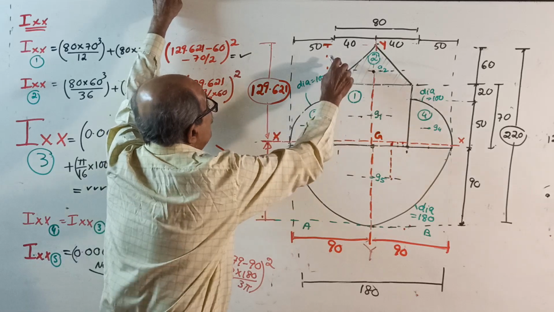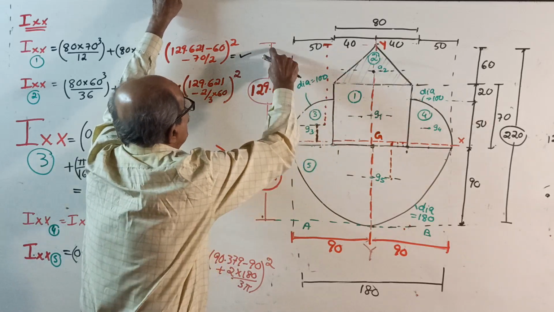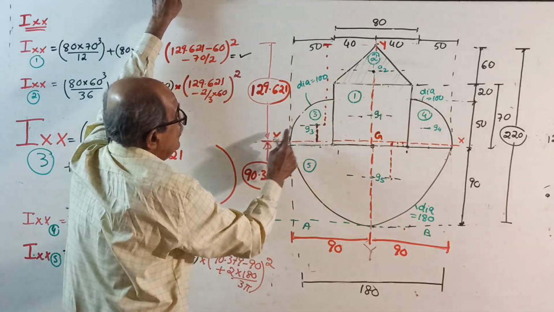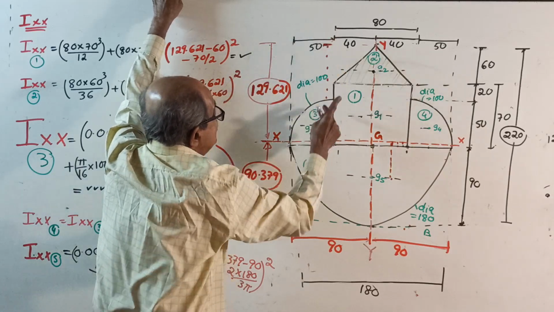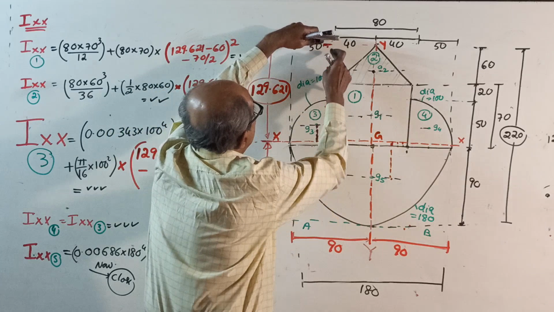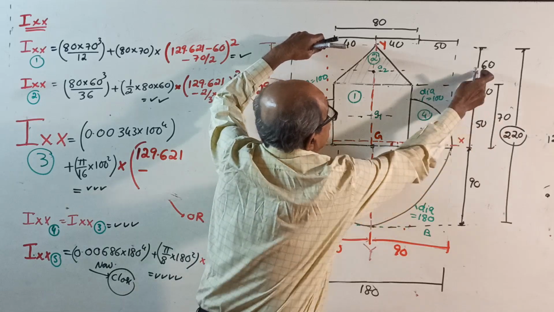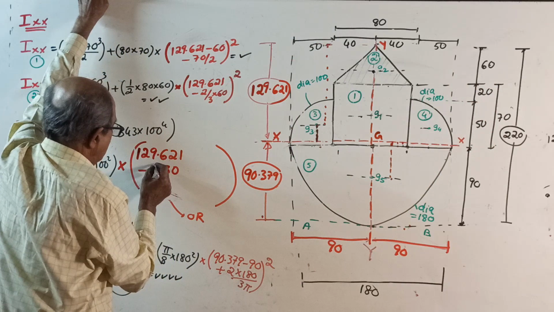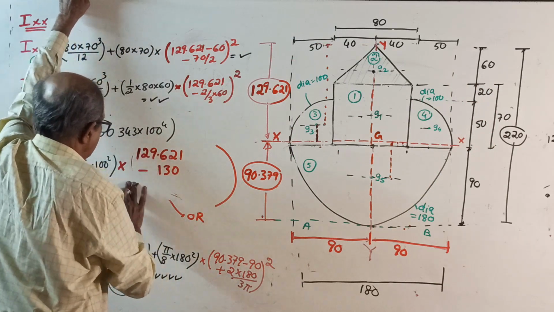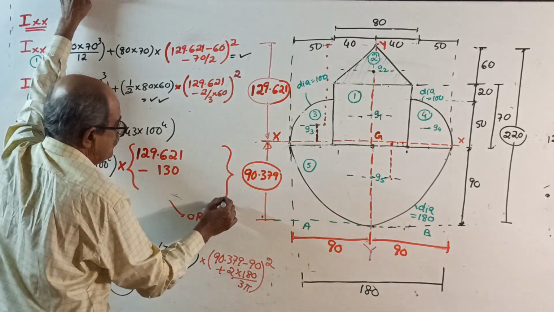This distance, we want this distance square is 129.621 subtract this distance. This distance is, see, from here to extreme end here is 70 plus 60, 130. Bracket required, a small bracket. I put a flower bracket here. See, to understand, put a flower bracket. Whole square. Okay.